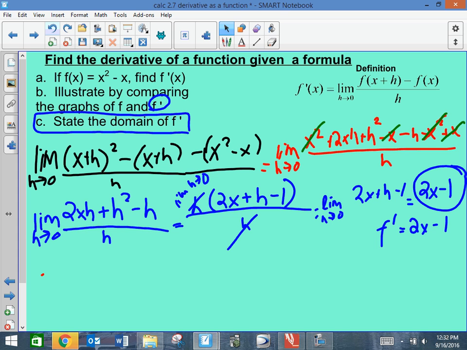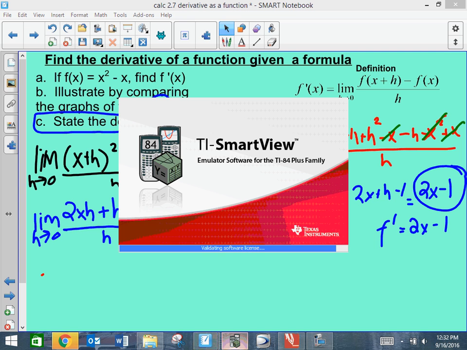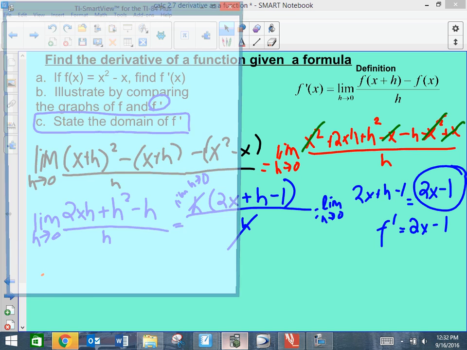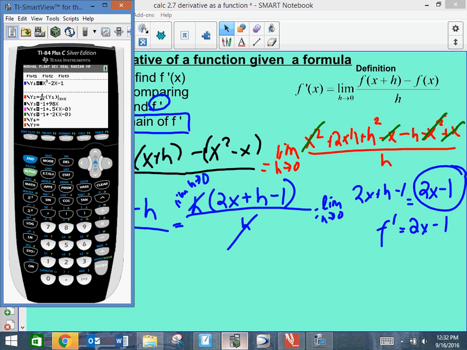All right. So, let's talk about it in the calculator. Let's put f in Y1 as the first one, and Y2 as the second one. X squared minus X, and 2X minus 1. Standard window should be sufficient.